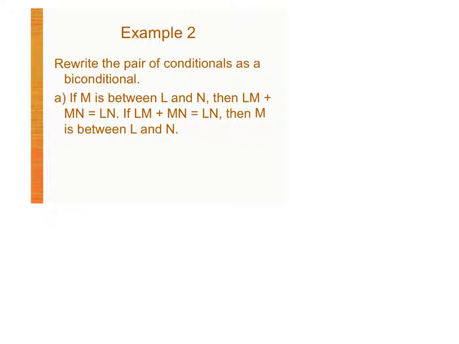Then the second conditional, for the converse of our conditional statement, if LM plus MN equals LN, then M is between L and N. We're now going to take the two conditionals, the original conditional statement and its converse, and turn it into a biconditional, adding in the words if and only if.